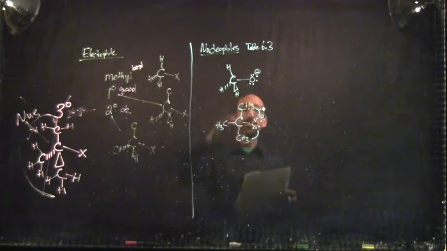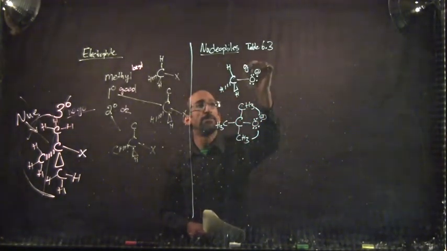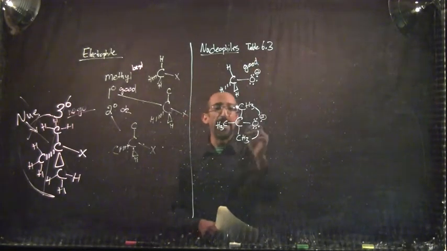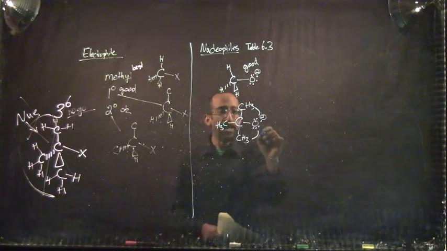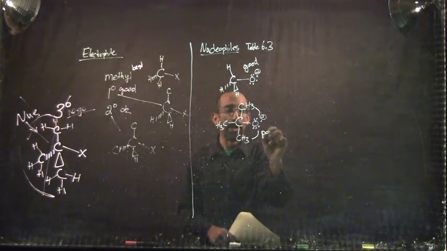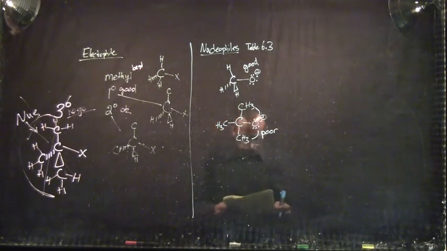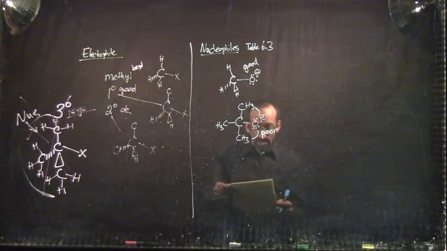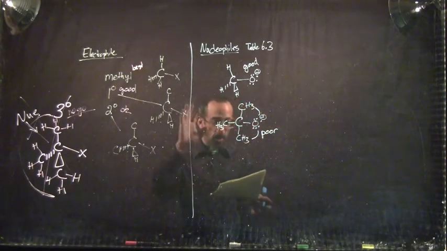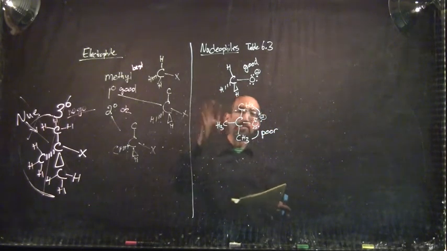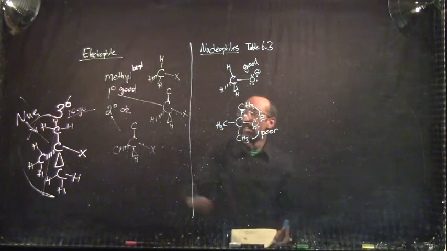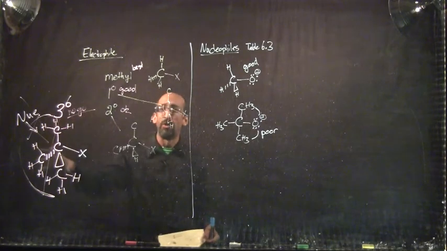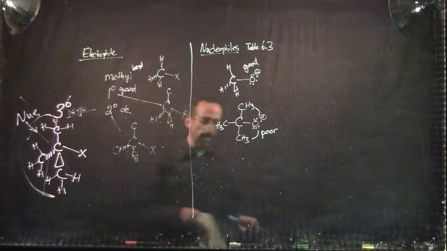And so this is a good nucleophile, whereas our bulky tertiary nucleophile is a poor nucleophile. Okay? So that's one of the things that we need to consider in terms of our nucleophile, the steric bulk around the nucleophilic atom, just like we want to consider steric bulk around the electrophilic atom.